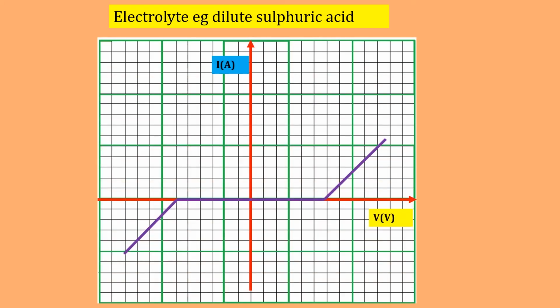Let us also look at the electrolytes, e.g. dilute sulfuric acid. It is also a non-ohmic conductor, and the graph takes that shape. It is not a straight line through the origin, and that shows that this is a non-ohmic conductor. There are other curves, the semiconductor diode and other non-ohmic conductors.